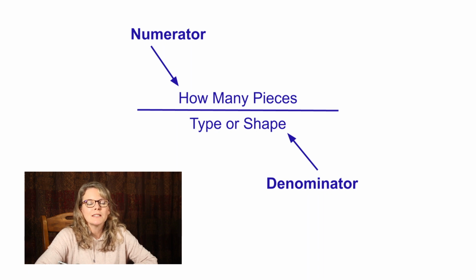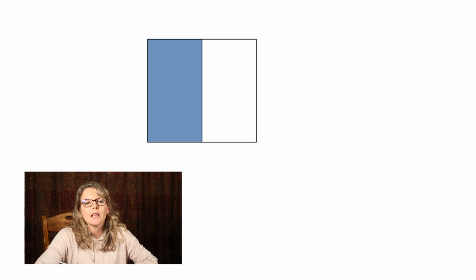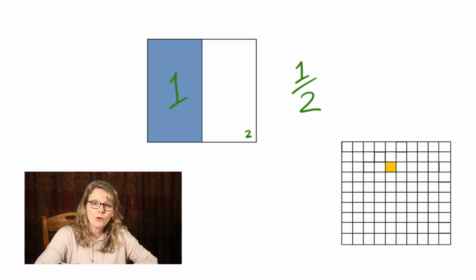All right, so let's take a look at how that denominator can tell you what shape. Here we have one box. We can say that it's a candy bar. And let's talk about what fraction is shaded. Well, you can see that only one piece is shaded, and there's 2 pieces total. So remember that 1 over 2 is 1/2. Here's another one, the same size box, but this time it's cut up into 100 pieces.